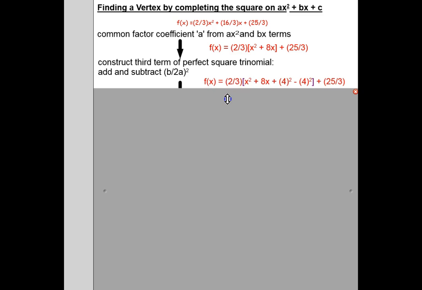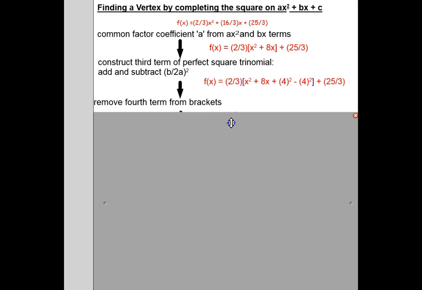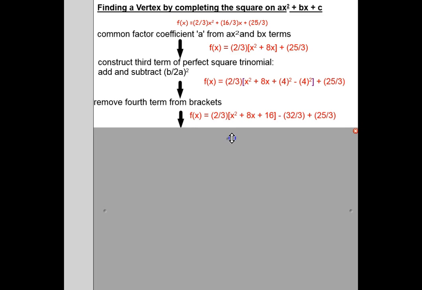So we're going to get adding and subtracting 16 within the square brackets, no change to the constant yet. Remove the fourth term from brackets by multiplying it by the appropriate number outside of the bracket, and that comes out as 2/3 of 16, which is 32/3.